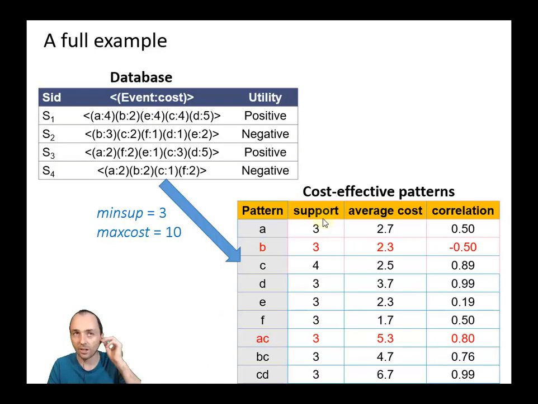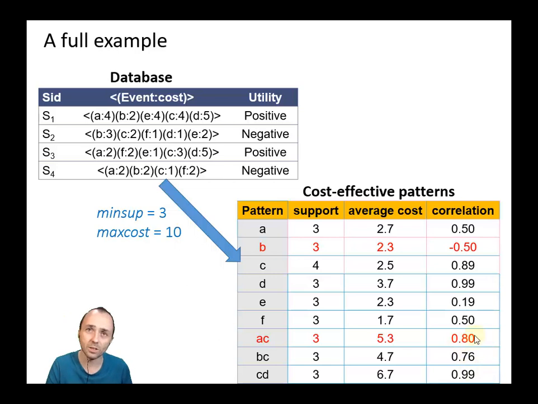Here I have a full example about this. I have a database, the one I showed you before. I set the parameter minimum support to 3, maximum cost to 10, and then I find many cost-effective patterns like this. If you do A, you do B, C, D, and if you do A followed by C, B followed by C, and so on. We can find that these patterns have different support values, different average cost, and different correlation.